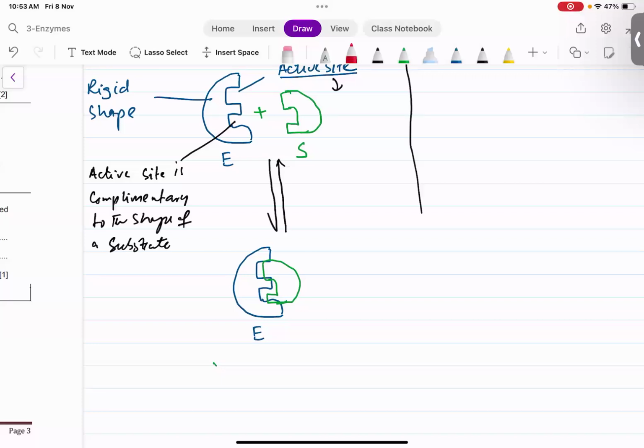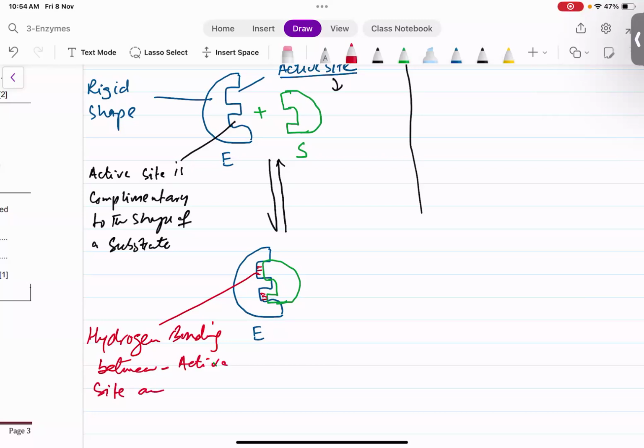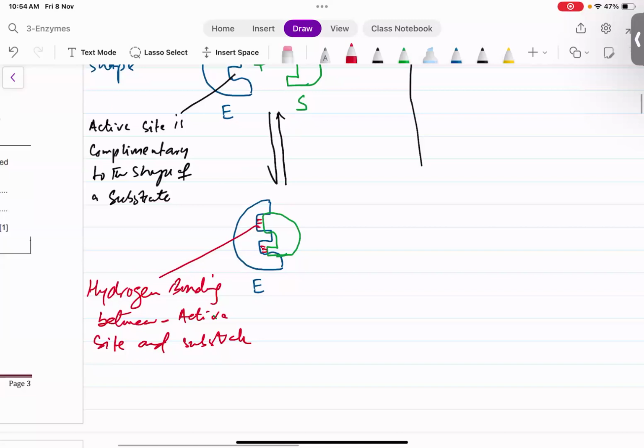They bind into the active site and are held there by hydrogen bonding between the active site and substrate. And this makes an enzyme substrate complex. This is the ES complex.